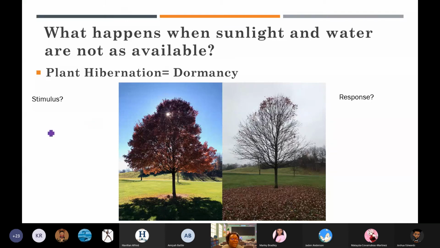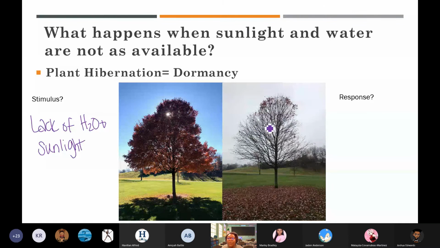So our stimulus here, you need to write this down, possibly make a cause and effect chart if you want to. The stimulus would be a lack of water and sunlight.